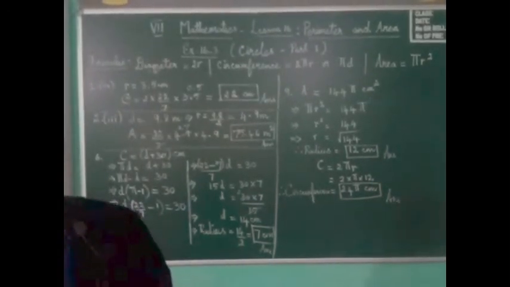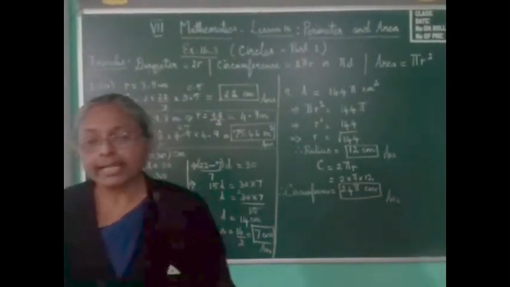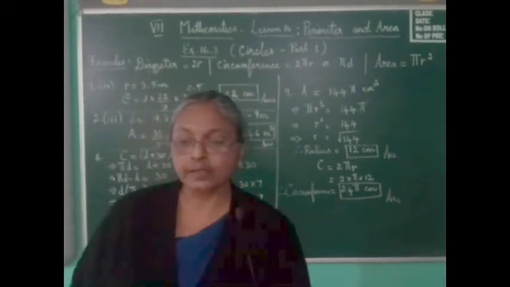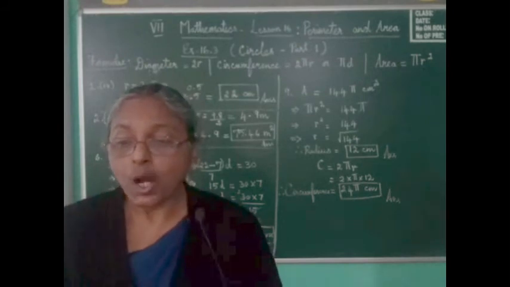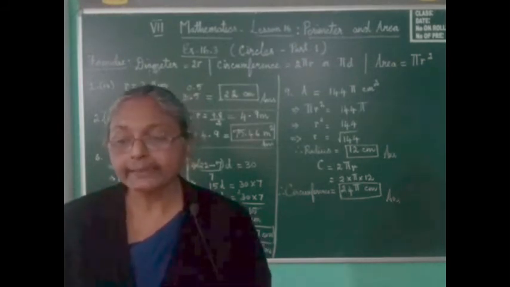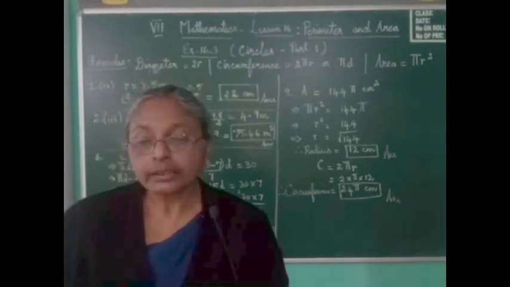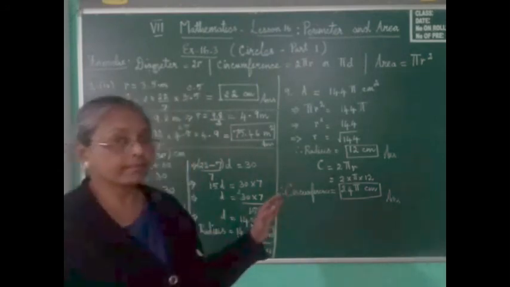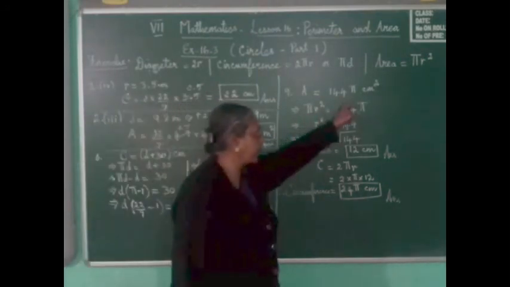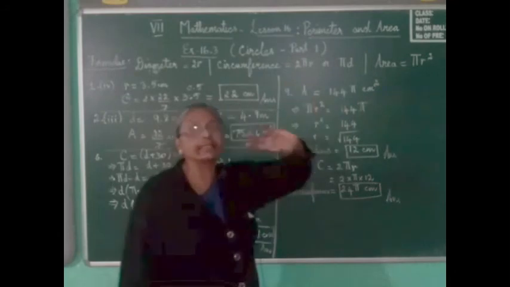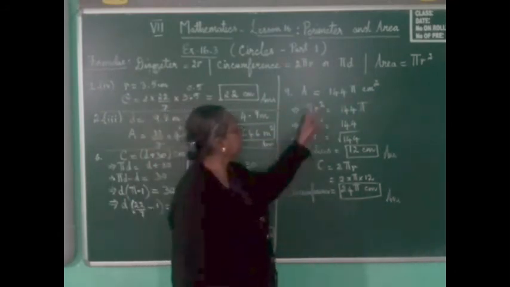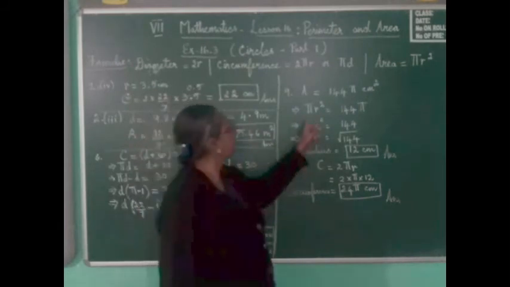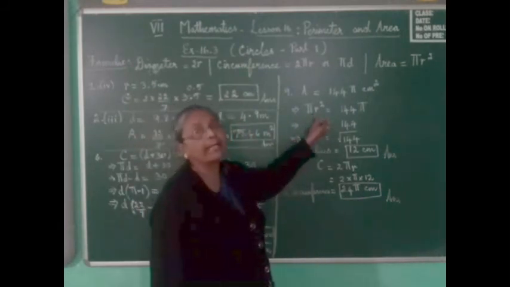You can see the 9th sum in your book. Find the radius and circumference of a circle where the area is 144 pi centimeter square. A is given to be 144 pi centimeter square. We are asked to find the radius, and the circumference also. In place of A, we put the formula pi r square.